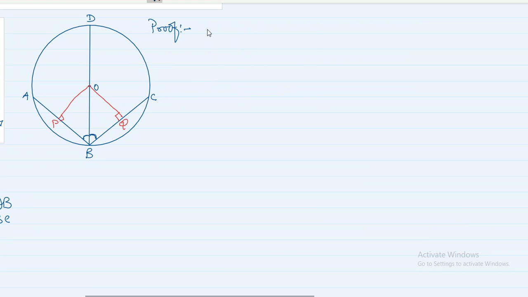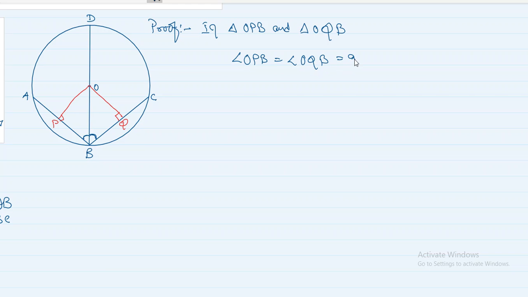So we'll consider triangle OPB and triangle OQB. In triangles OPB and OQB, angle OPB is equal to angle OQB is equal to 90 degrees.